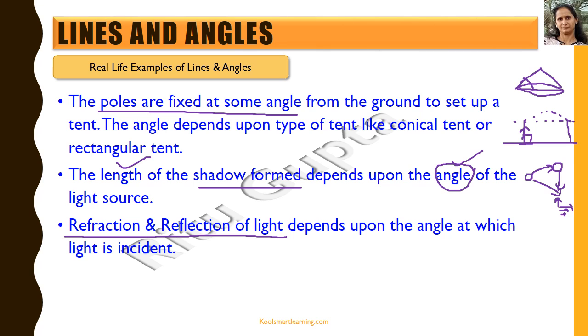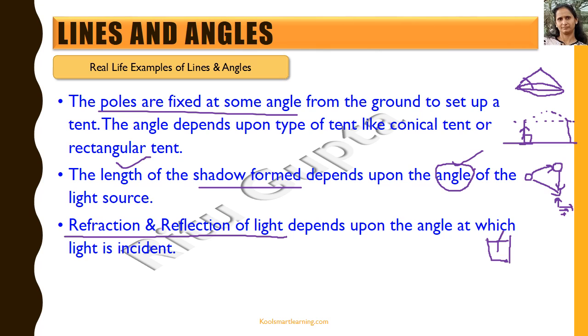Supposing we have a glass of water and we have a pencil over here, we see that the pencil seems to be broken here, or it seems to be bent like this. So this refraction depends upon the angle at which this is tilted.